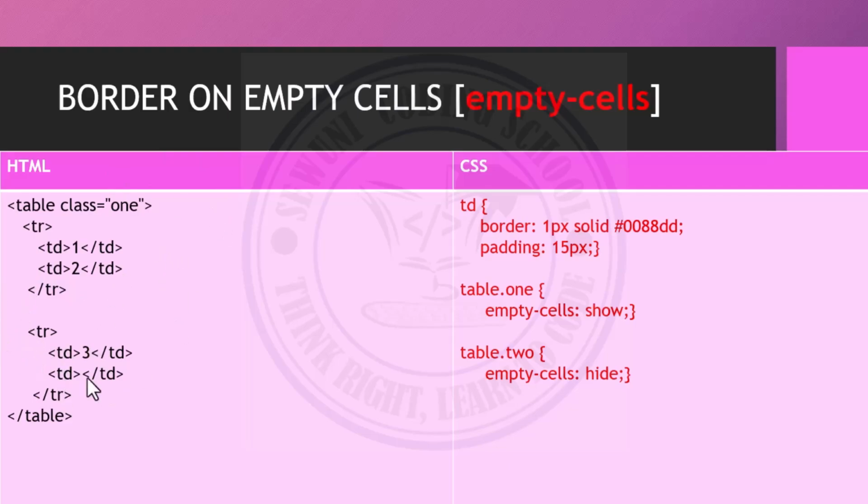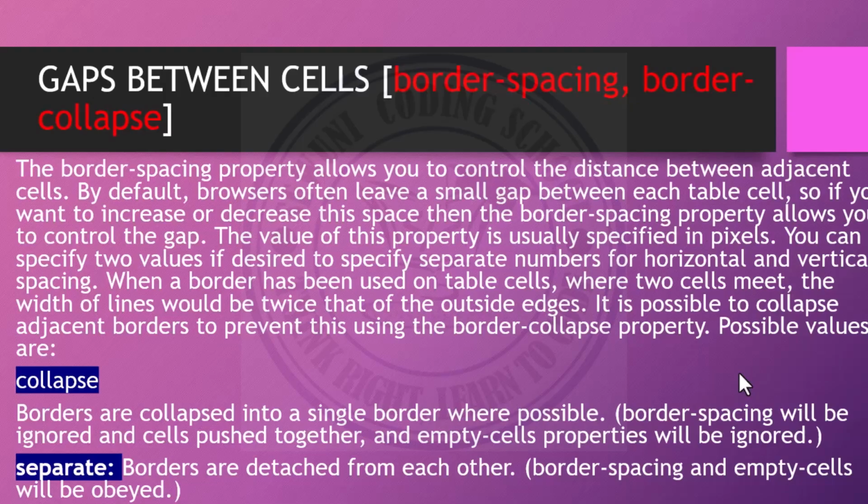These two tables, one has a class of 1, and the table data, which I'm going to give 1 pixel and a solid border around it, and a padding of 15 pixels. And this I'm going to show for table 1, and then table 2 is going to hide. So let's do this practical example and then come back to our slides.